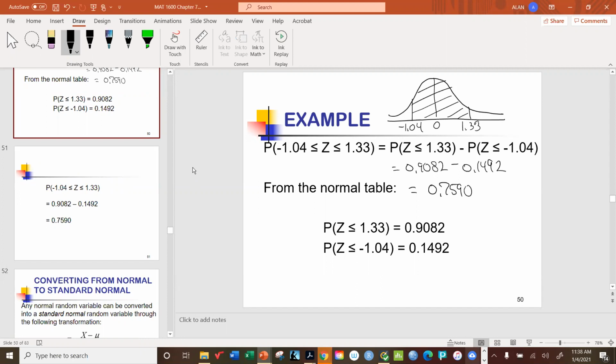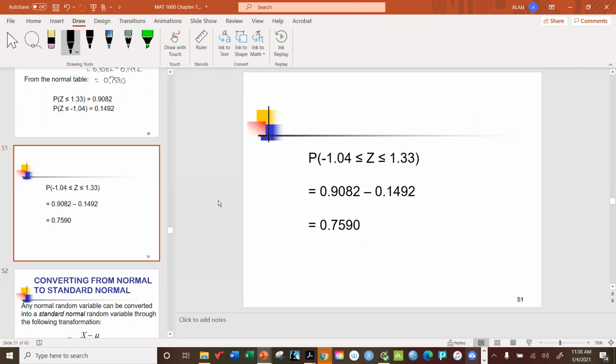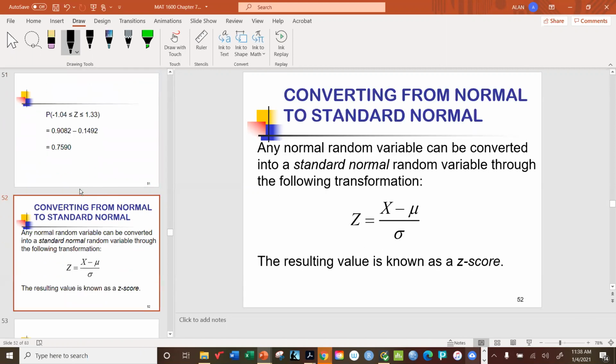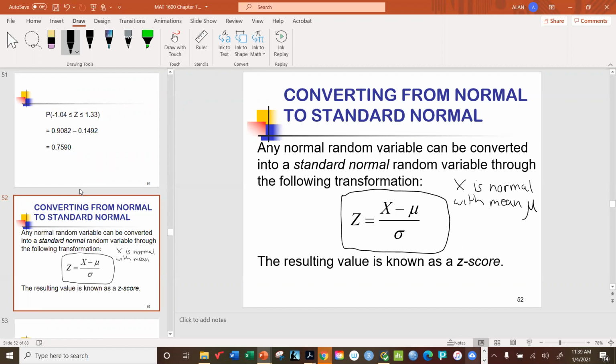And the formula for doing this is very simple. It is, this is it right here. This is a key. This is a very big deal right here. So we're assuming here that X is normal, but not standard normal. It has some mean other than 0 and a standard deviation other than 1.